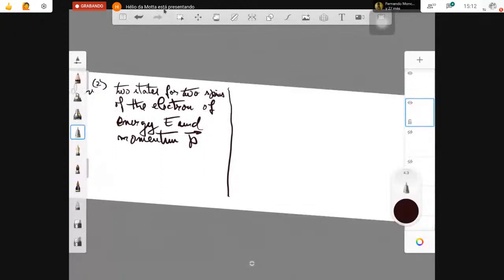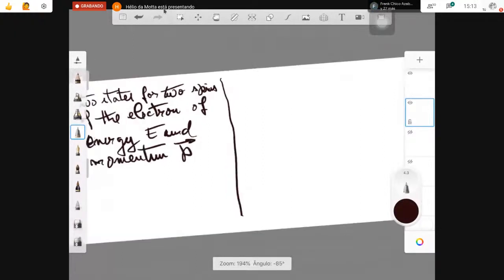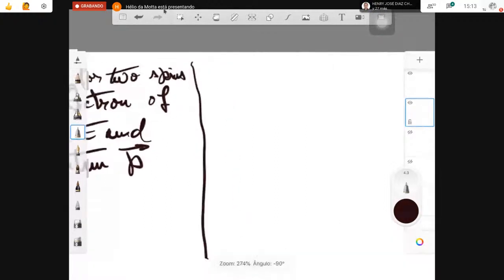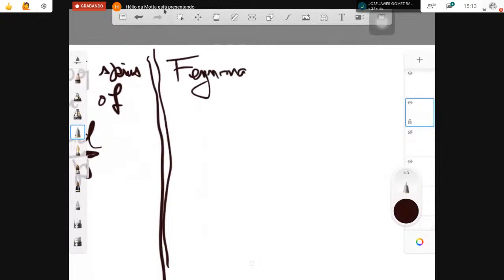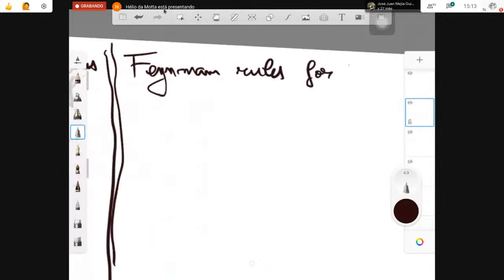But let's now forget about all this complication, okay? And see what you do for Feynman diagram. Let's now see finally the Feynman rules for QED.